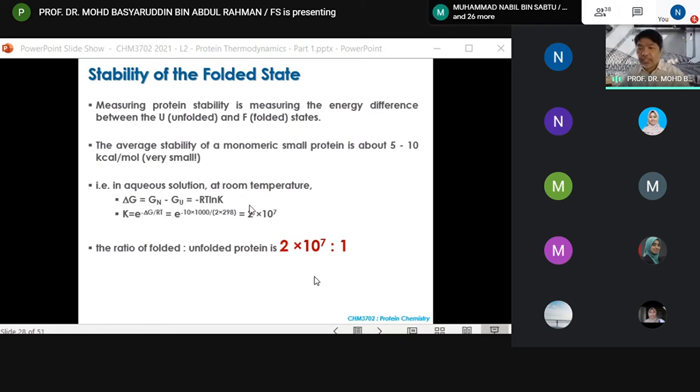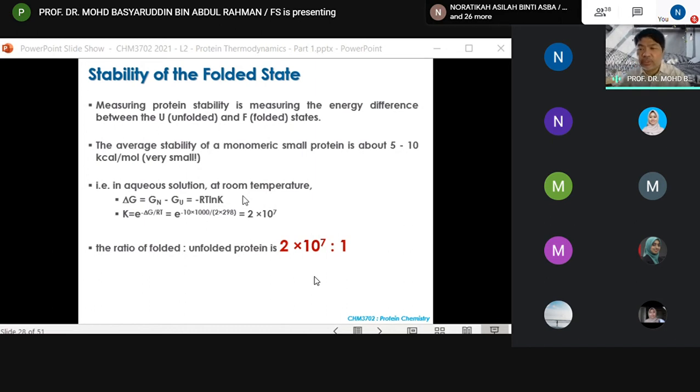Here is some other information, because if you want to do the calculation in aqueous solution at room temperature, always remember when we discuss delta G, there is a component T there: minus RT ln K. T means you must always mention at what temperature.